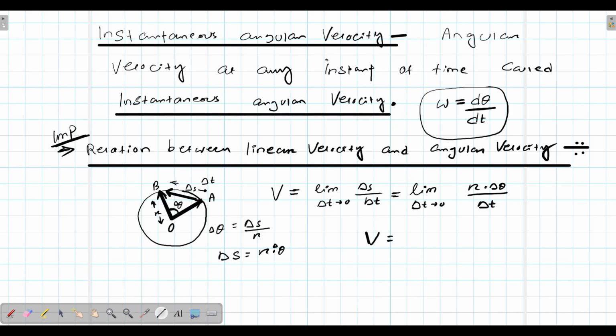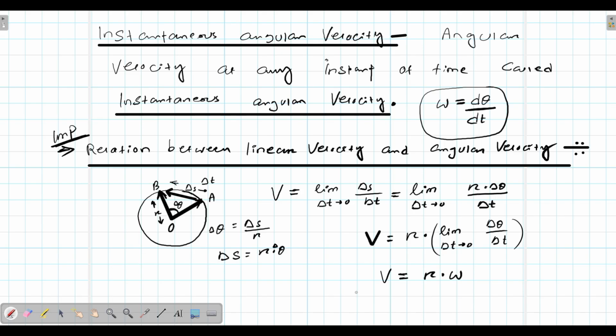V equals to r limit del t tends to 0 del theta by del t, that is d theta by dt, that is omega. V equals to omega into r.